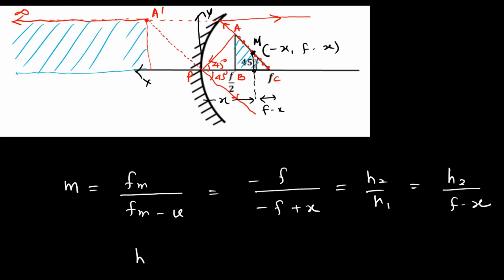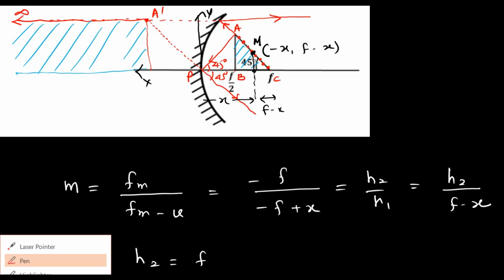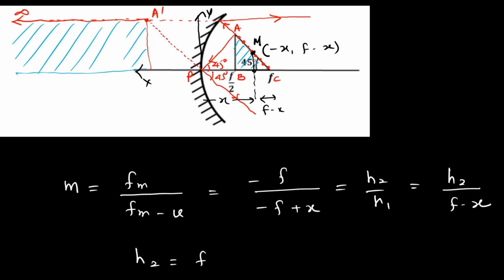So you can see that for any general point on line AC, the height of the image is the same. So for all the points, the height is the same, and the images of all points on AC will lie on the line that I've drawn like this.